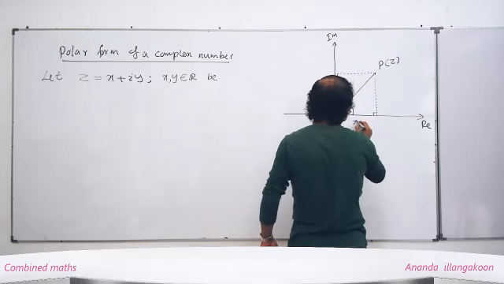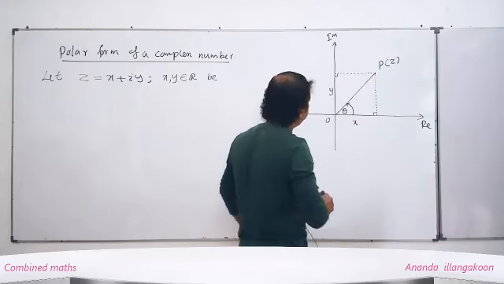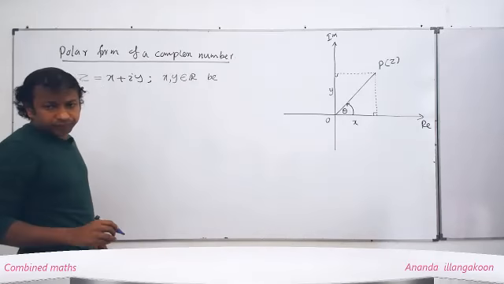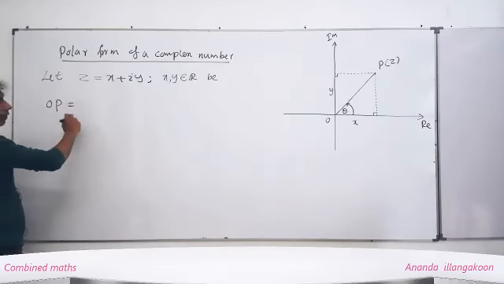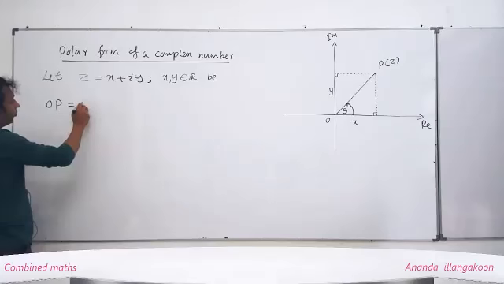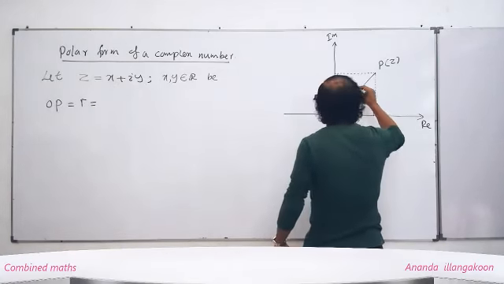This is x, no? This is y. Right. Now you can write, people, OP length. Suppose I take it as R. OP length I am going to take as R. Right?